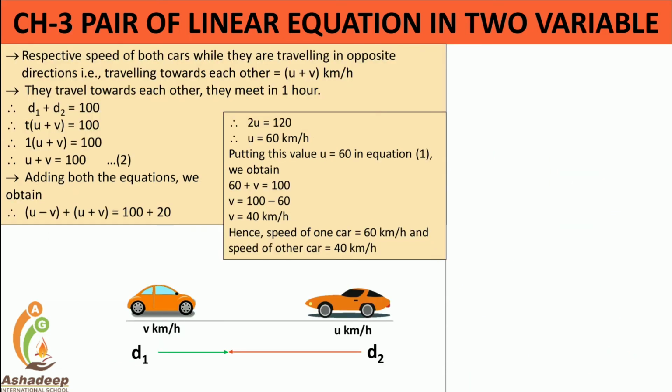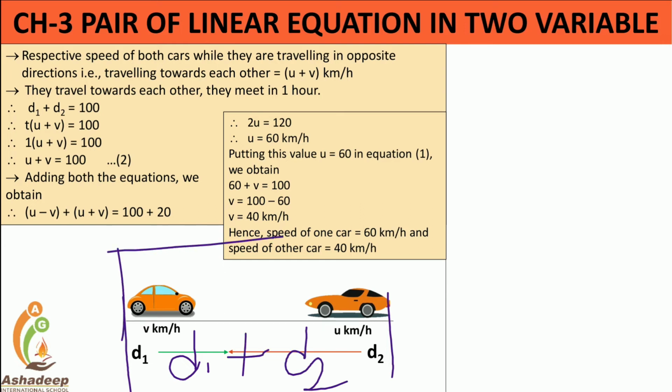Now respective speed in both, if they travel towards each other, right? The total distance between the cars is 100 kilometers. If both cars drive towards each other, just think of D1 plus D2.